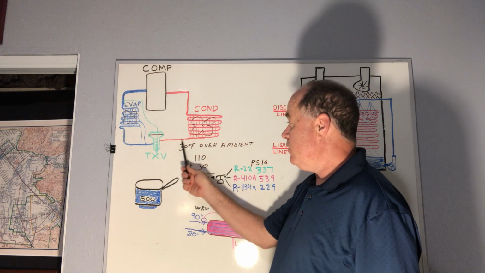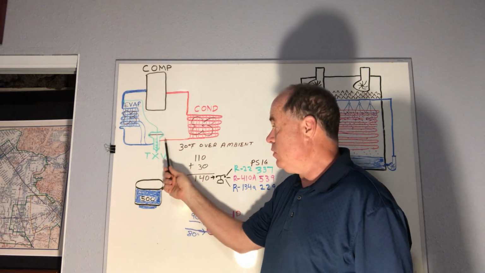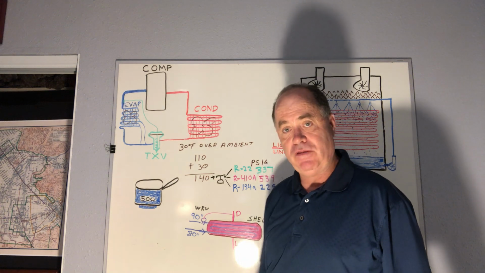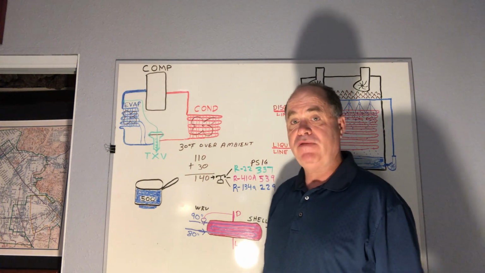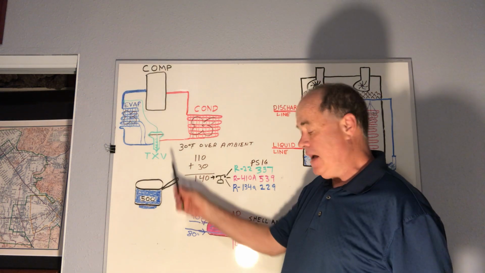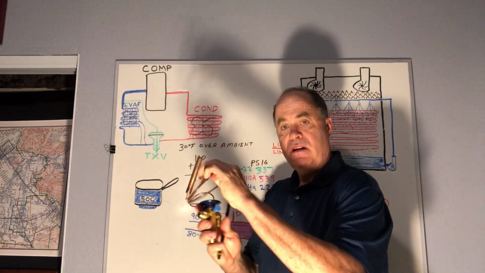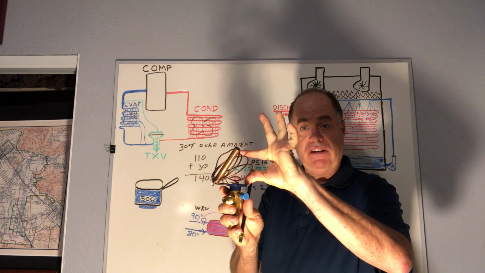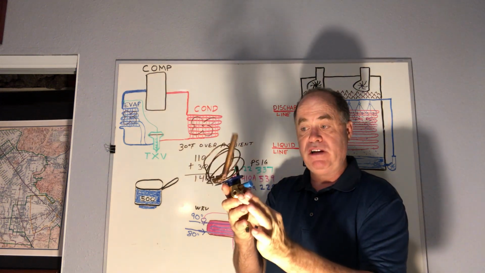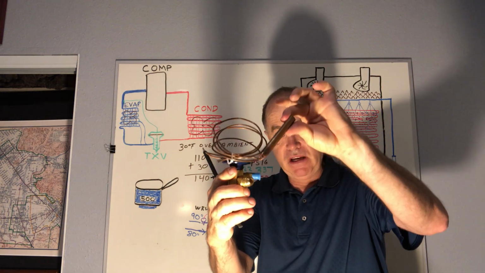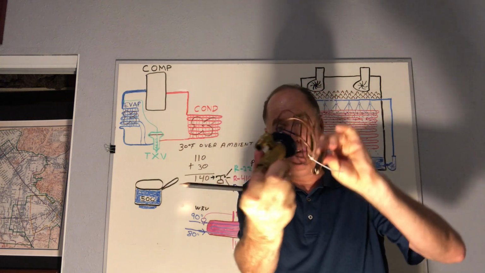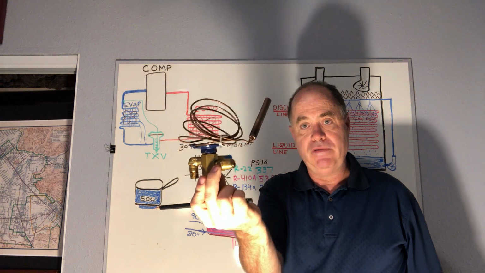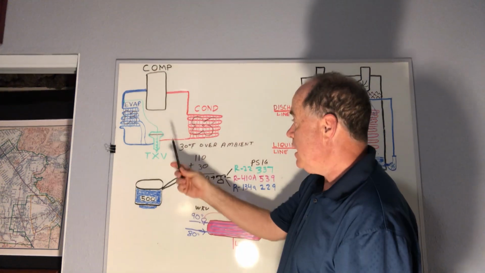And then you travel down this little bit smaller line, the liquid line, and we come to the thermostatic expansion valve, which is a type of metering device, and it has a sensing bulb with refrigerant in it. The refrigerant in the bulb has nothing to do with the refrigerant in the valve body.